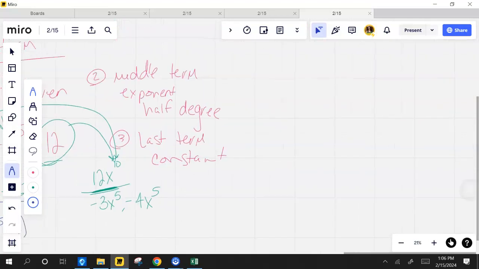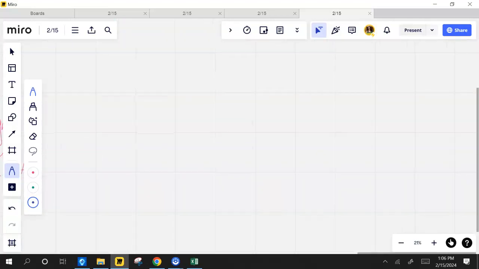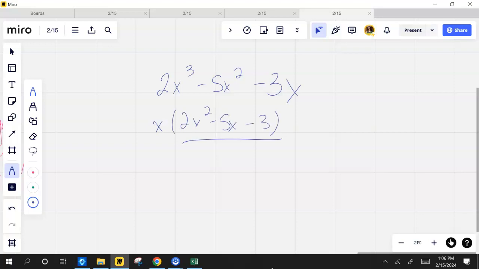It could be the 5th root. I'd have to take an x out first. And now I could factor that. We're just going to find ways to factor. We're going to factor whatever way we can. I was just showing you a way that you might not have remembered how to factor.